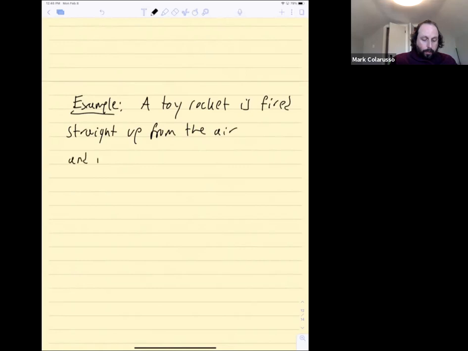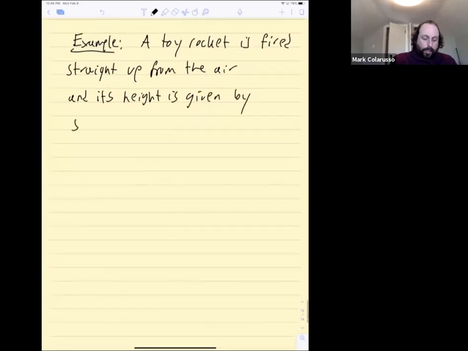And its height is given by s of t equals 240t minus 16t squared feet, in feet, after t seconds.